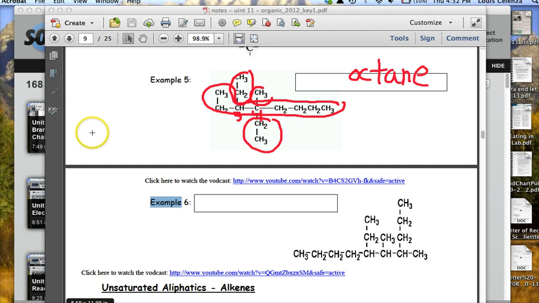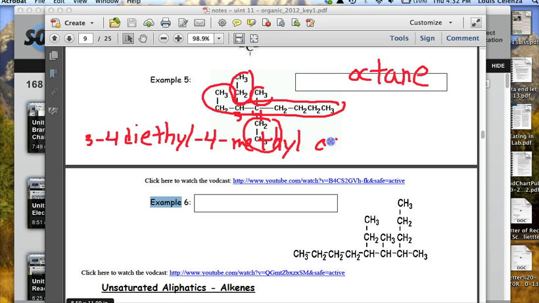So we have 3, 4 diethyl. And we have a methyl on the fourth carbon, 4 methyl octane. Oh yeah. Crazy, huh?